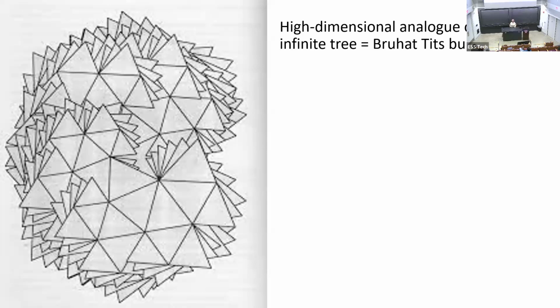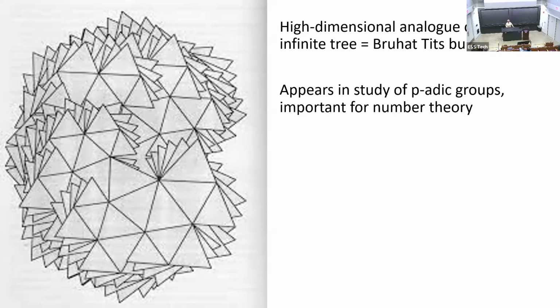And really what I'm talking about is something called the Bruhat-Tits building. What is this object? It is an object that appears when you study certain p-adic groups, and it's very important in number theory. You use this object to say that your groups act on this object, and in some sense it replaces, you know how groups over the complexes work over the complex vector space.